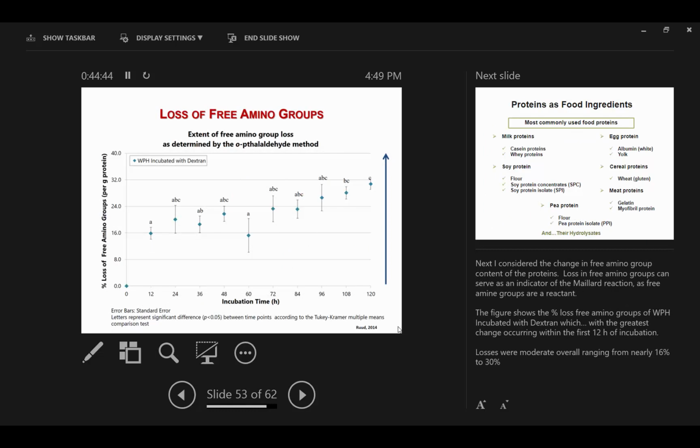The next assay that you're going to do is an OPA assay, which measures the extent of free amine group loss. It's basically OPA reagent reacting with free amine. So the less reagent reacts, that means you have more amine groups that were blocked by glycation.